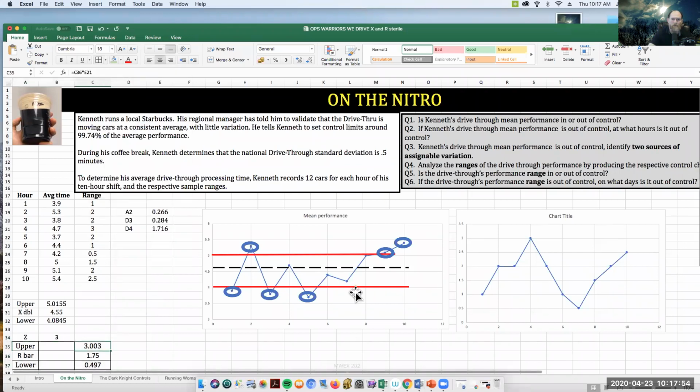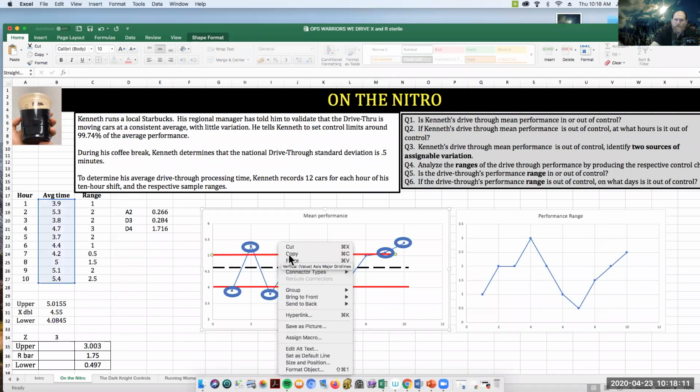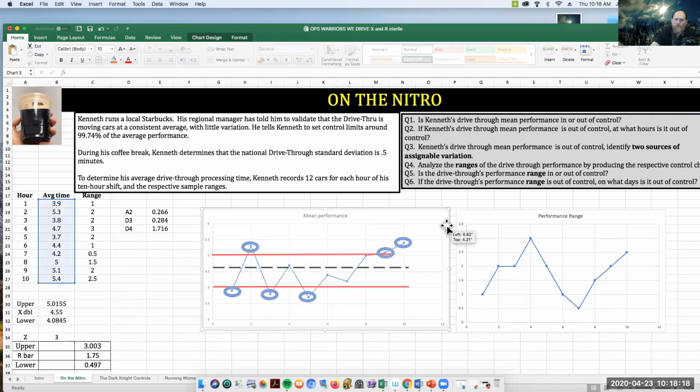Okay, so same over here, and this is performance range. So I could steal these. I don't want to do that.